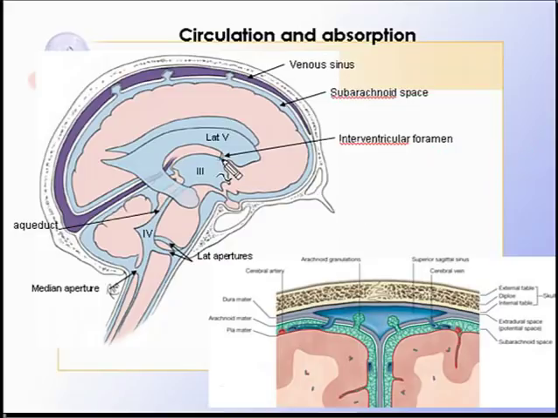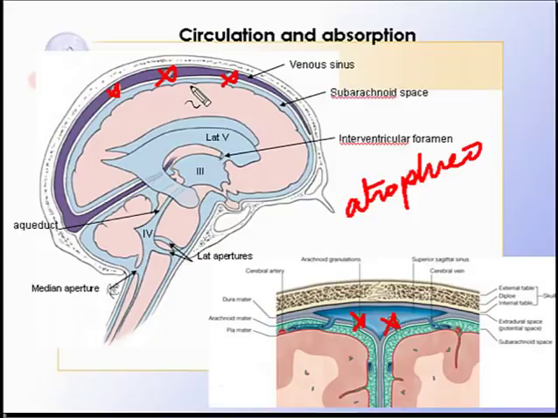The third way is where there is a problem in absorption. So let's say that the arachnoid villi up here are, for some reason, damaged, they are atrophied. So then what happens is that CSF is being produced normally, it's circulating, it's going into the subarachnoid space, but now it's not able to get into the venous sinuses.